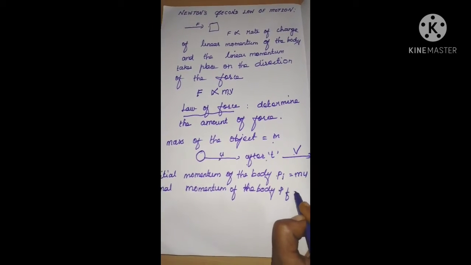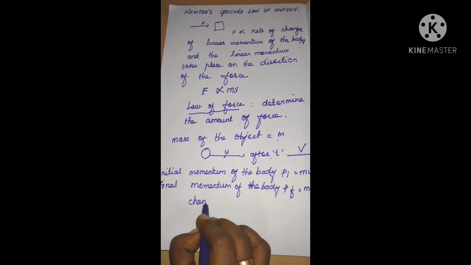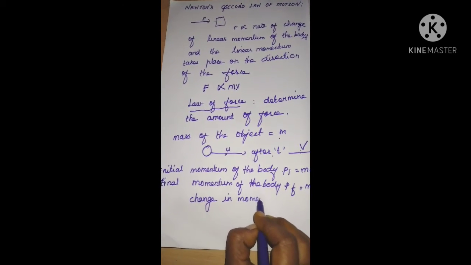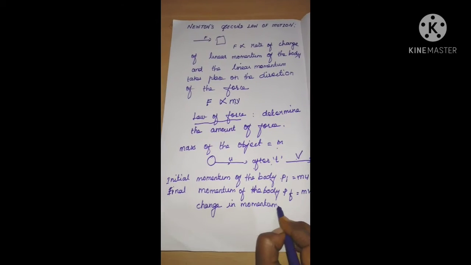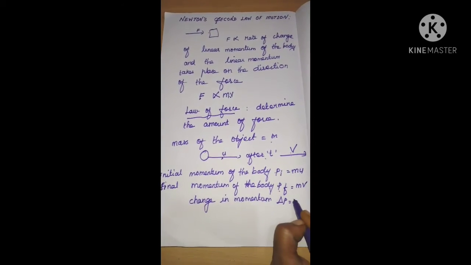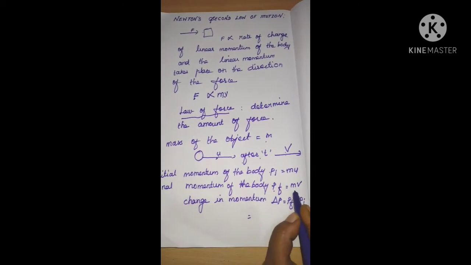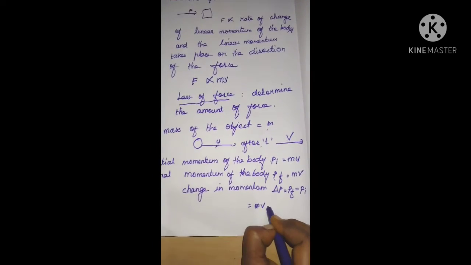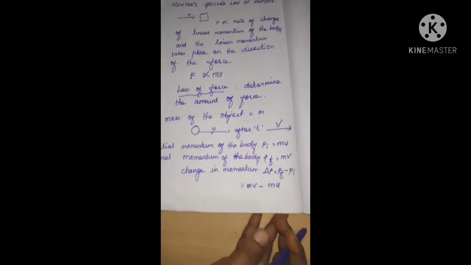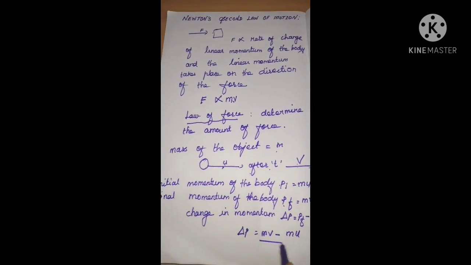Final momentum is equal to m into v. Then the change in momentum, delta P, is equal to Pf minus Pi. So Pf is mv minus Pi, which is mu. So the change in momentum, delta P, is equal to mv minus mu.